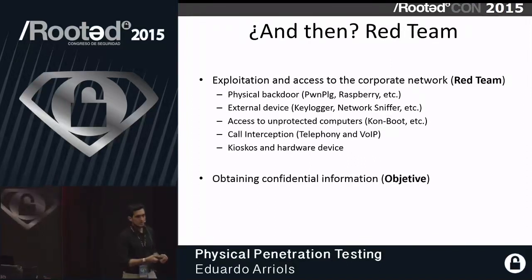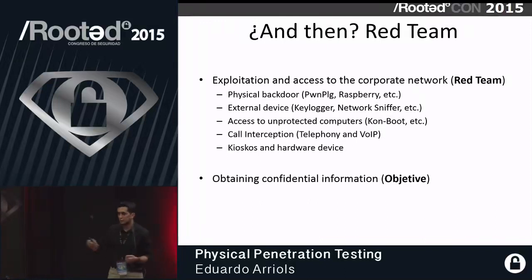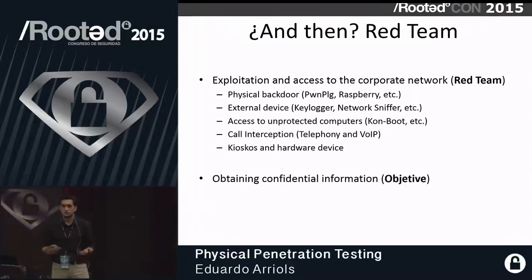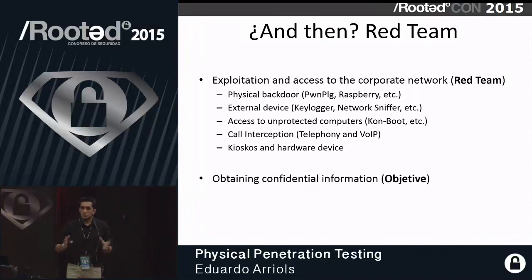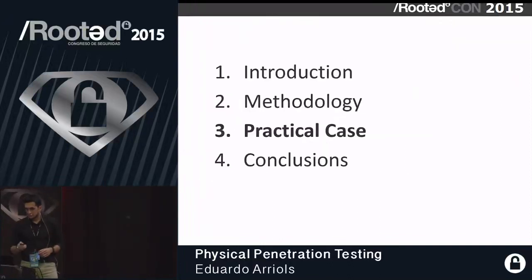That is to say, connect to the network, then you leave a Raspberry. So for instance, if the team has enabled USB, you just use a computer to breach the network. Because, as I said, companies do not have information stored physically but digitally. And last, it would be obtaining confidential information.